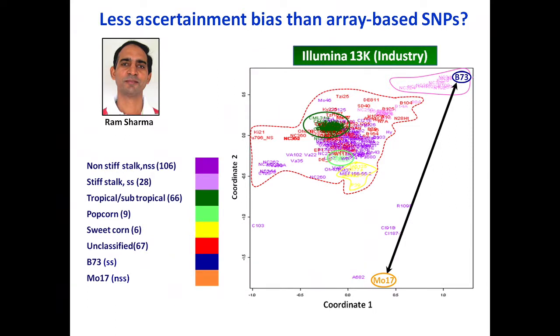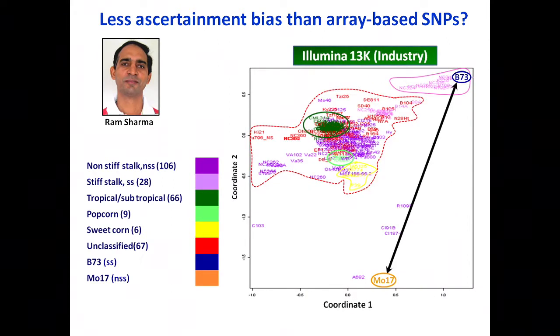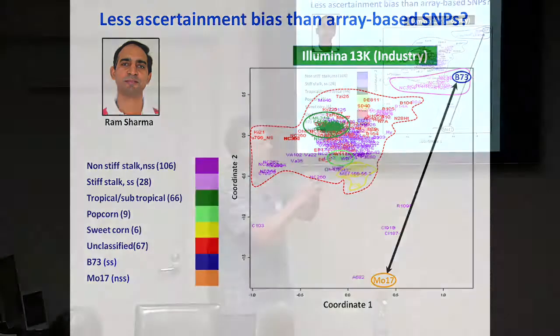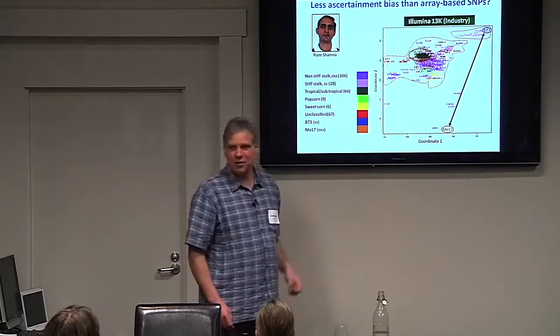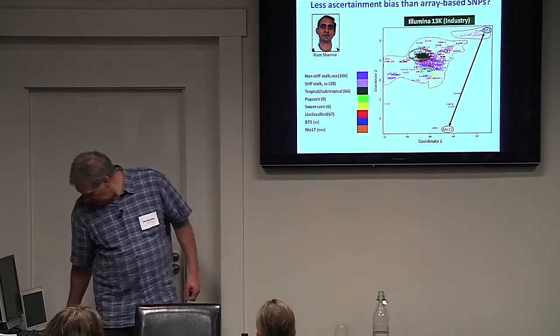When that company released those SNPs to this public resource, they had a policy where they would only release SNPs that are polymorphic between B73 and Mo17. So that was their panel, just two individuals. That creates this extreme ascertainment bias in a portion of the chip that was enough to affect the rest, even when you use the whole chip like that. So here the tropical stuff is crunched down into this tiny little ball, and B73 and Mo17 are the two most divergent maize on the planet, basically.